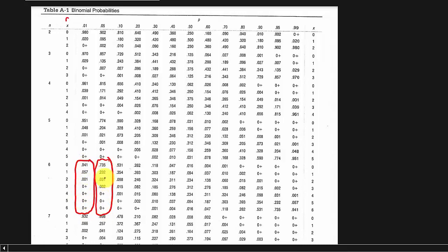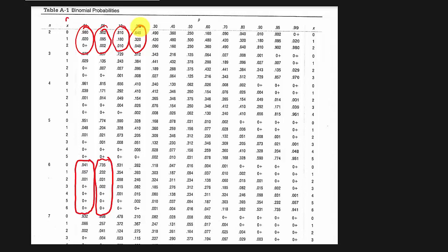This set of numbers here, they add up to 1. This right here adds up to 1. These add up to 1. Each individual column in the sections adds up to 1. Some of them may add up to 0.999 or 1.001, something like that. If that's the case, it's just because of rounding.